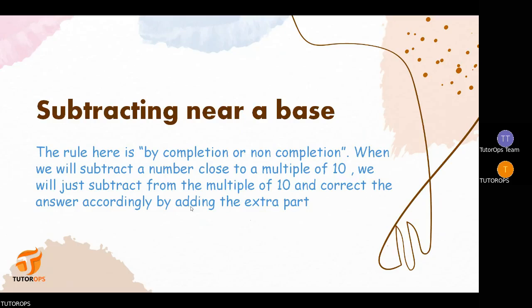The method is very similar to the addition. When we subtract a number close to a multiple of 10, we just subtract from the multiple of 10 and correct the answer accordingly by adding the extra part.